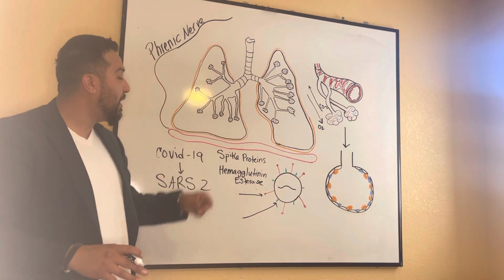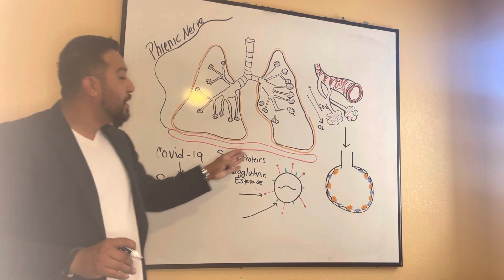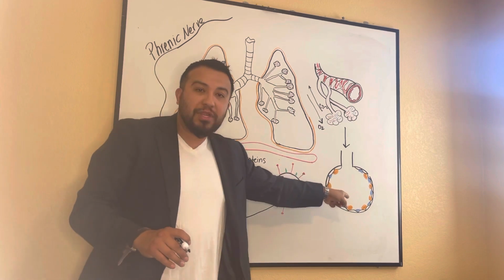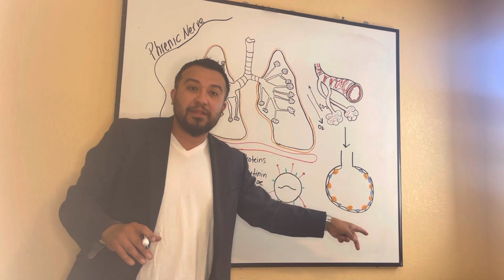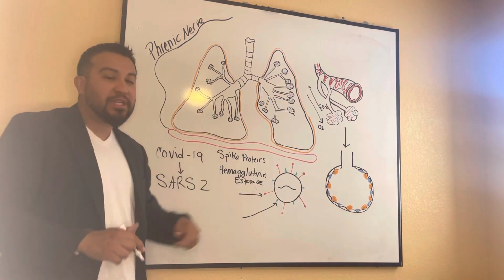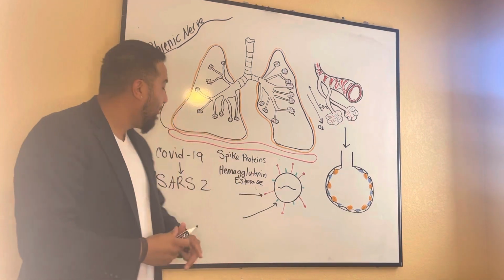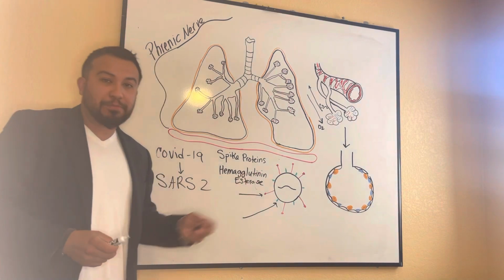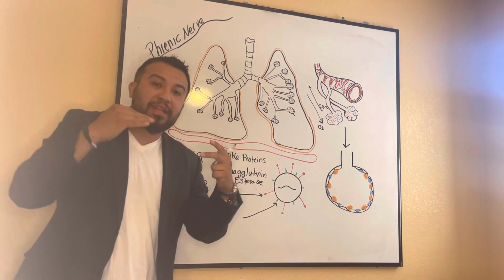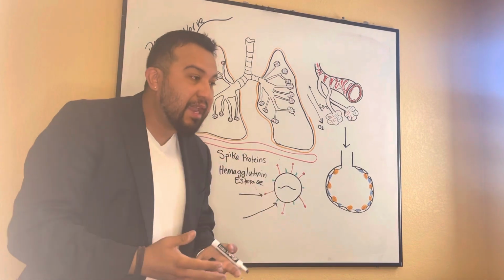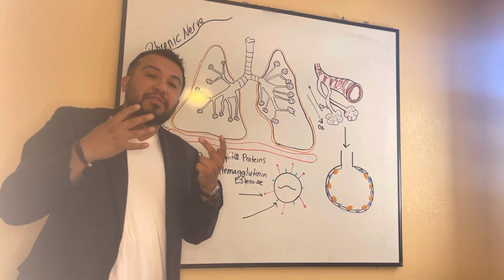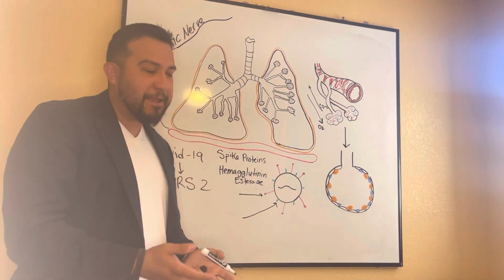However, these are the two main proteins that are going to enable the virus to penetrate our already existing healthy cells. The spike protein serves as like the key that unlocks the actual cell membrane. And then the hemagglutinin esterase protein is the one that tends to break down the inner membrane that allows access for the virus to replicate itself inside the cell.